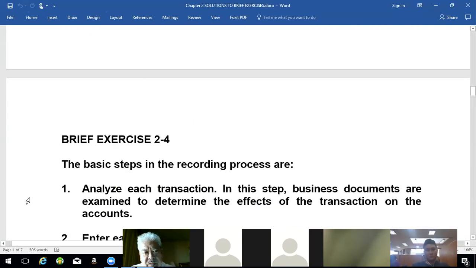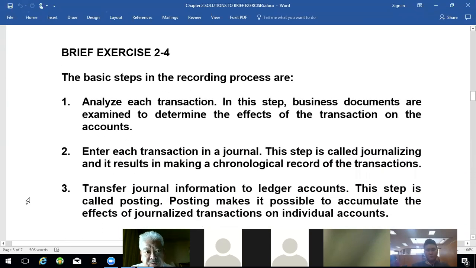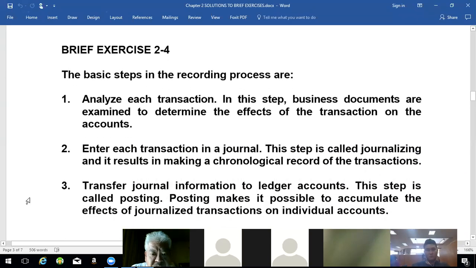Sorry. And so 4, this is something to just conceptualize. This is basically what we do when we make a recording. First thing again is analyze the transaction. What happened? What did we get, or what did we give up?